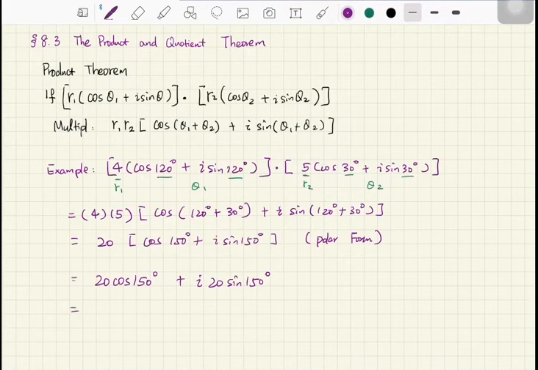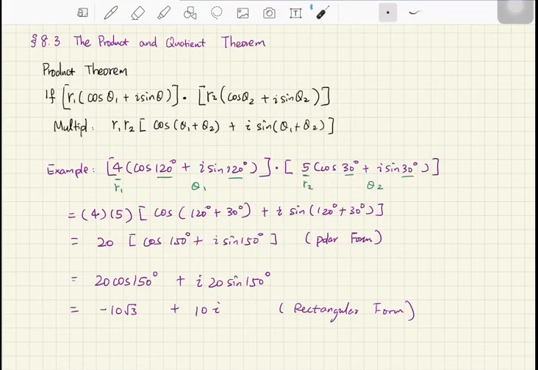Multiplying them together, you will get negative 10 square root 3 plus 10i, and this is the rectangular form. So depending on what kind of final answer the question is asking, you can either stop at the polar form or continue until you reach the rectangular form.